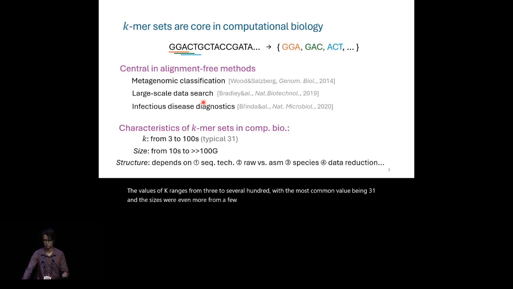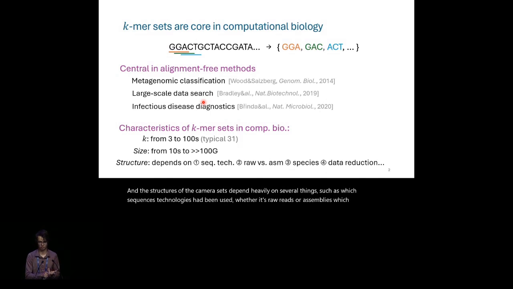And the structures of the k-mer sets depend heavily on several things, such as which sequencing technologies have been used, whether it's raw reads or assemblies, which species it comes from, and is it a single species or a pangenome, and whether sketching or subsampling has been used.